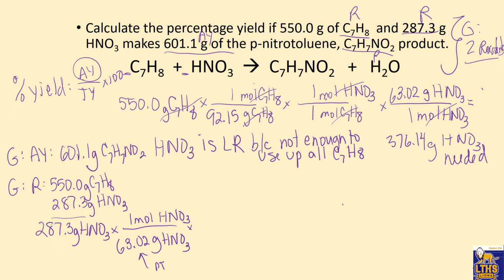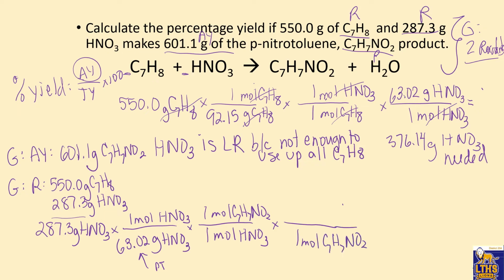All right, and then I know that there's 1 mole of HNO3 for every 1 mole of C7H7NO2 that forms, also called p-nitrotoluene. And then I know that for every 1 mole of C7H7NO2, I'm going to find a mass of C7H7NO2 from the periodic table to be 137.15 grams.